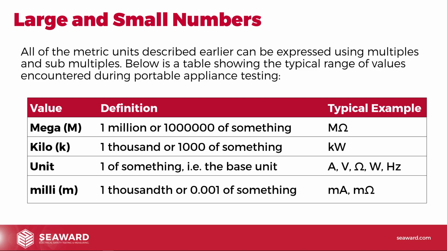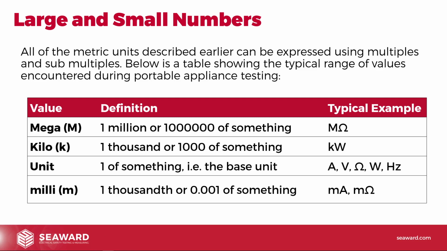So when we talk about insulation resistance, we're not talking about small, low resistances in ohms. We're actually talking in mega ohms, millions of ohms. You'll notice that we use the capital letter M in front of the ohm symbol, the omega symbol, to denote that we're talking about mega ohms, millions of ohms.